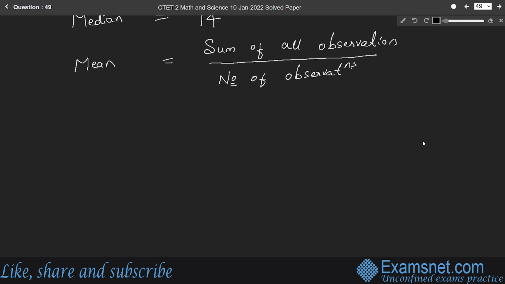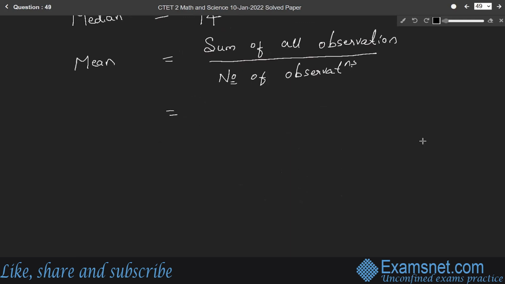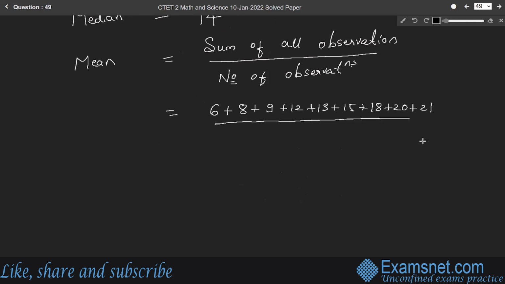Therefore, you have to add 6 plus 8 plus 9 plus 12 plus 13 plus 15 plus 18 plus 20 plus 21, whole divided by the number of observations, which is equal to 10, which is equal to 14.7. Therefore, the mean of the given observations is 14.7.